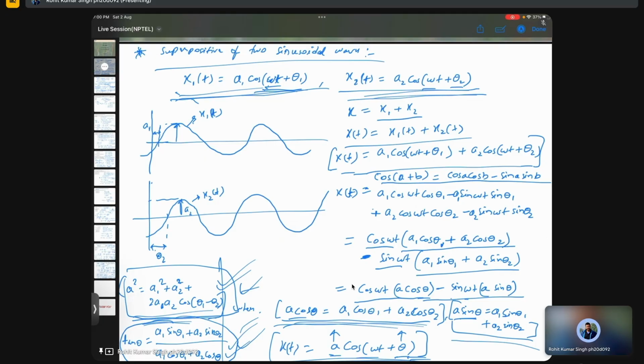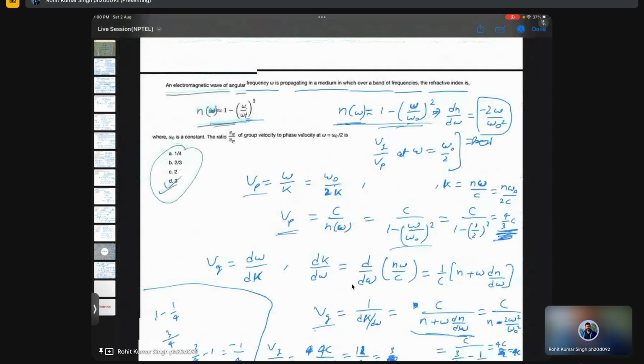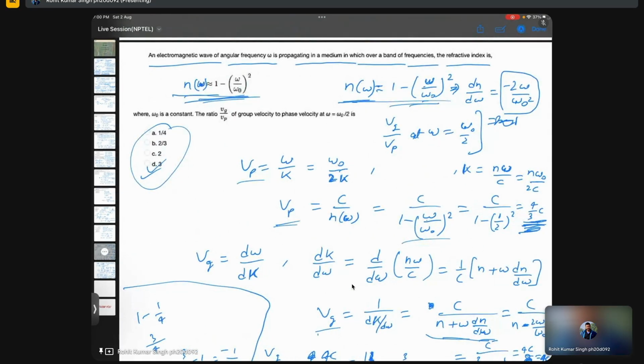Yeah, I'll have to think about it. Why is it going greater than the speed of light? Maybe this refractive index is not correct, or I don't think it exists in a real scenario. Because it is because of this that we are having this greater than the speed of light thing. I don't know. I'll have to check.